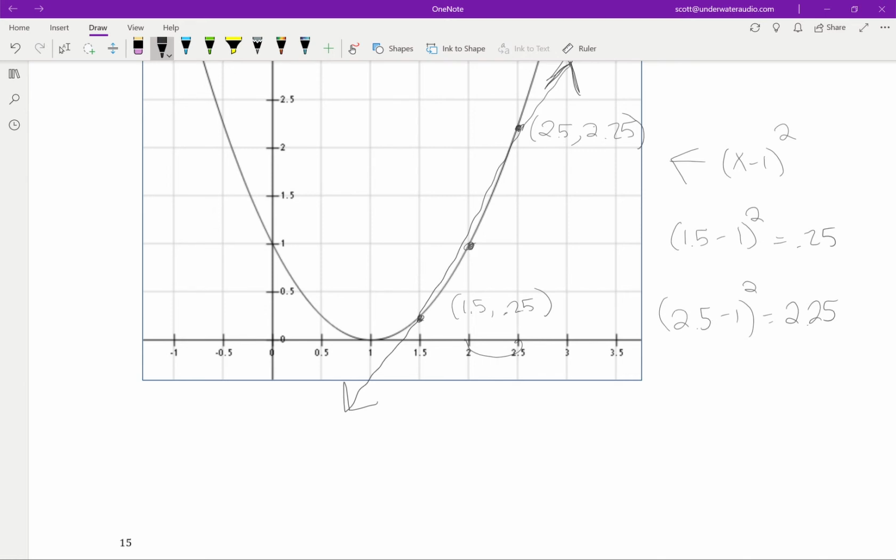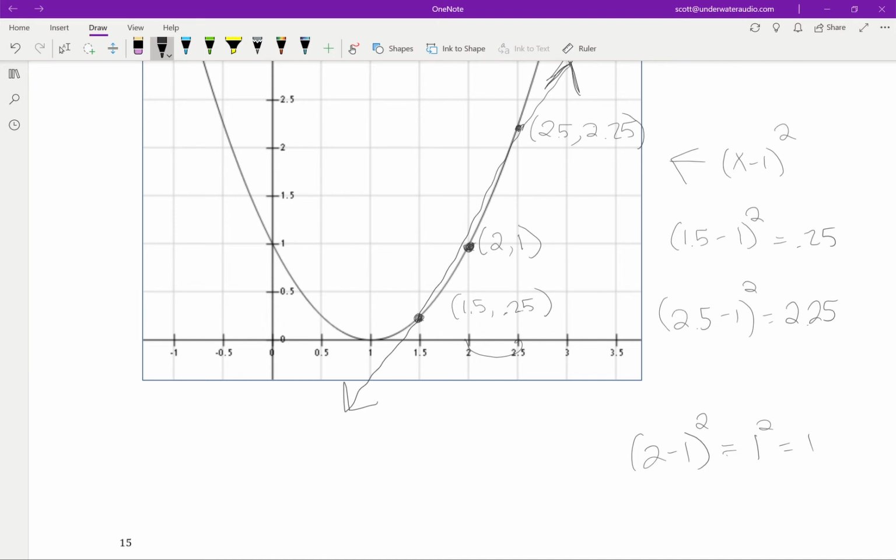Just like before, I'm going to figure out what this point is. I know it's the point 2 and something else. So I'm plugging it in: 2 minus 1 squared. This is my scratch paper over here on the right side. 2 minus 1 is 1, 1 squared is 1. Okay, that checks out. So this point right here is the point 2, 1.